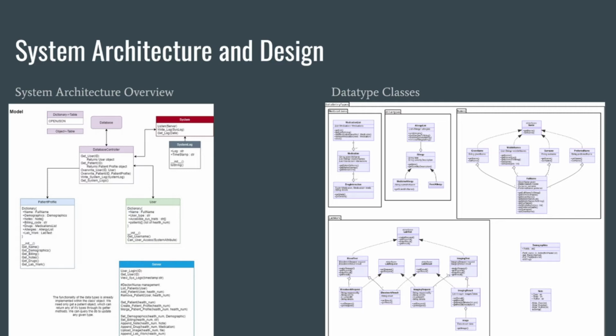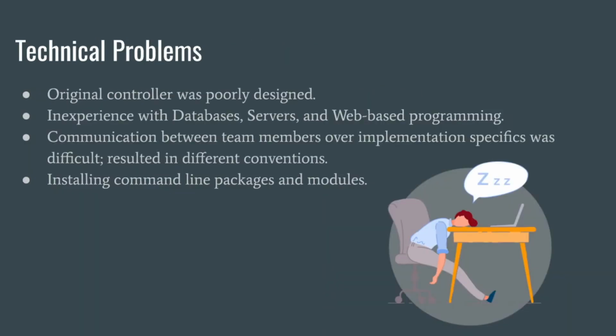There also exists a user object that provides relevant information to the system in terms of what that user can access and also assists in user login. Finally, there's also a system logging feature that will help us in end-to-end testing down the line. However, it is yet to be implemented.